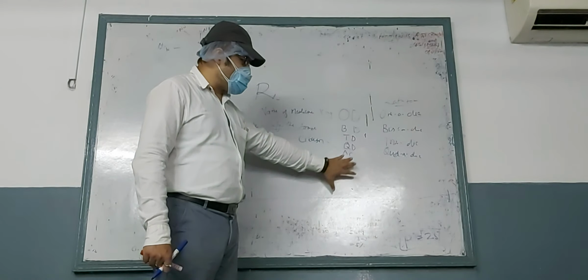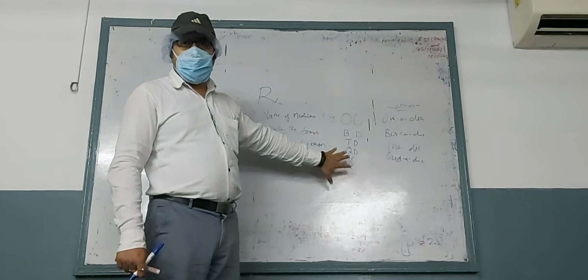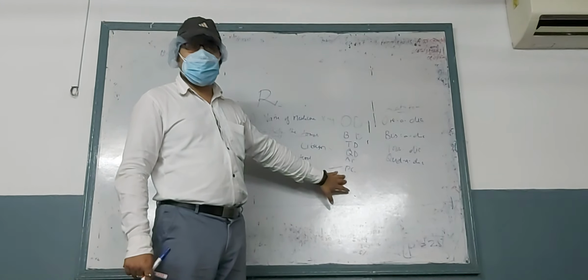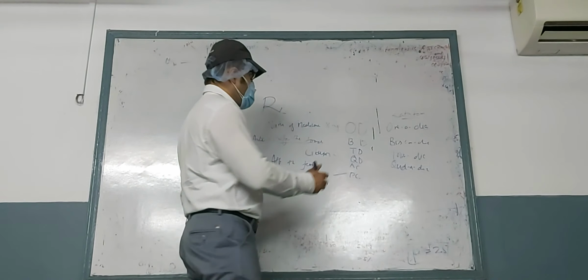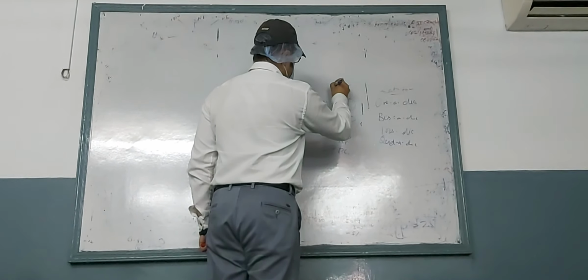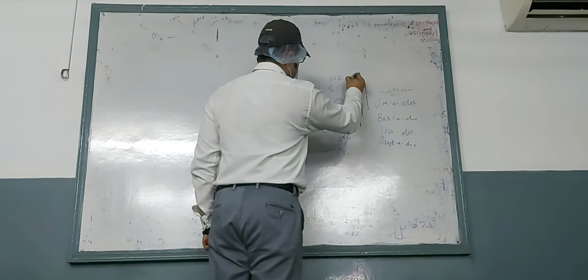Now, these are the most common things that you will find in the prescriptions. But apart from that, there are situations which demand some special abbreviations. As for example, SOS or PRN.